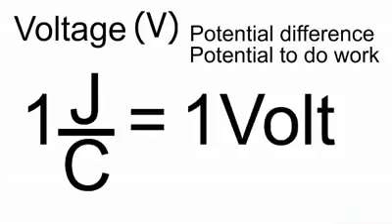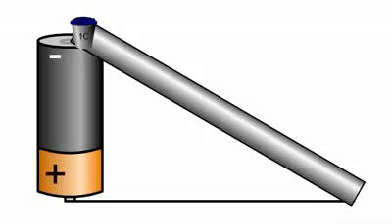But you must remember, if someone tells you that there is a potential difference across a wire of 10 volts, that means that 1 coulomb of charge at the higher potential end can do 10 joules of work on its way down to the lower potential end. Or it can do 10 joules of work more than the charge, 1 coulomb of charge, at the lower potential end.